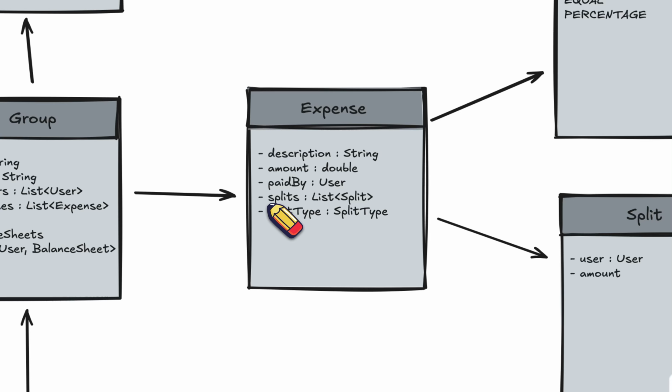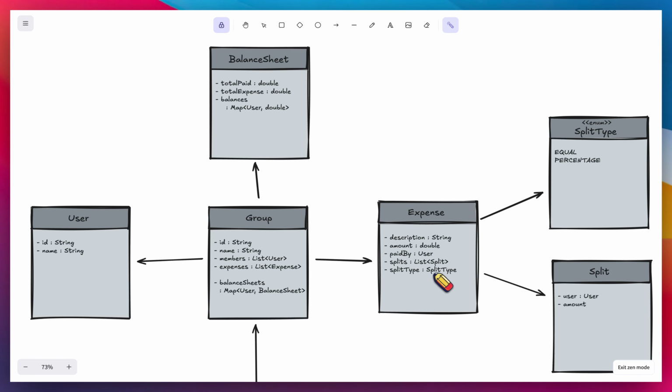And I also have a list of split. Earlier I thought of adding a list of users as participants, but what I thought was it is just giving me a list of users.